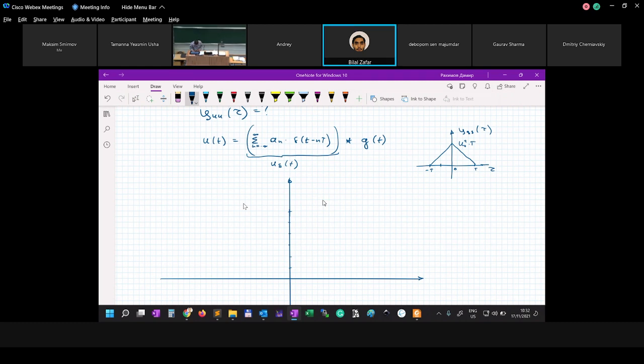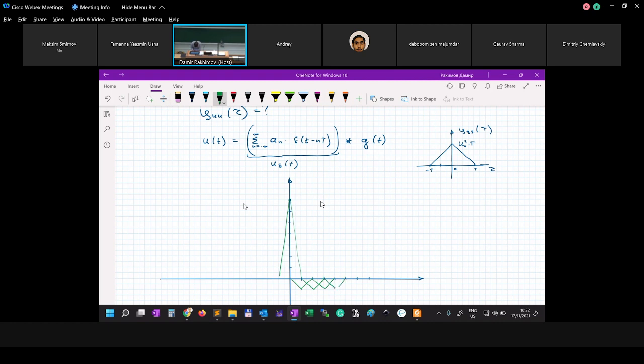Okay, we replace each delta pulse with a triangular function.